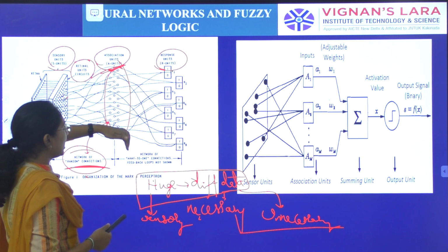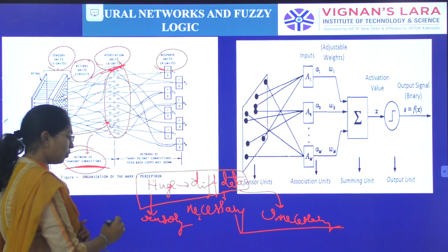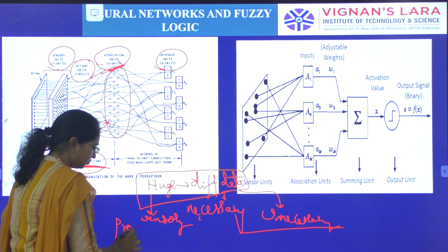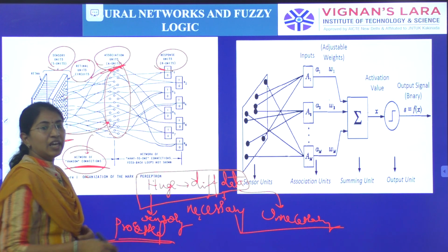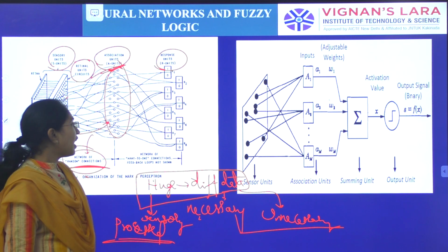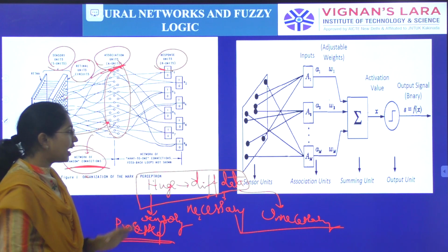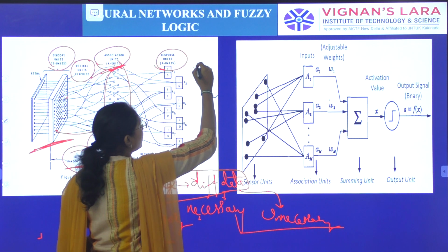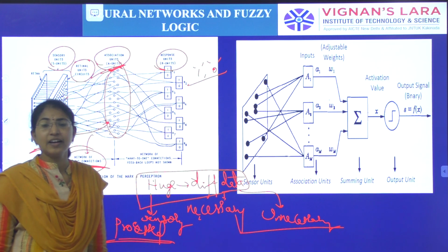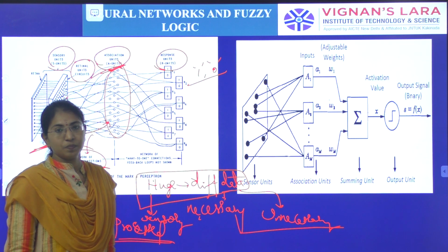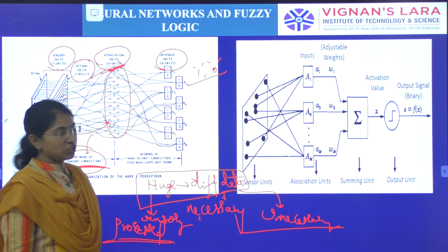Within the association unit, the information will be processed, and that processed information will generate some output value which is of binary type, either 1 or 0 format.